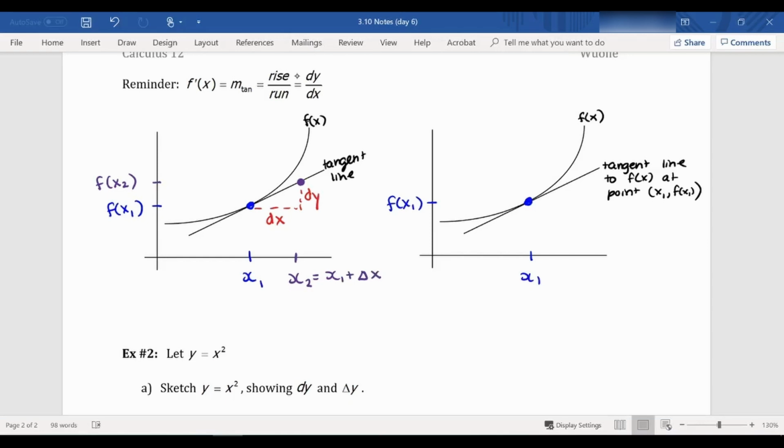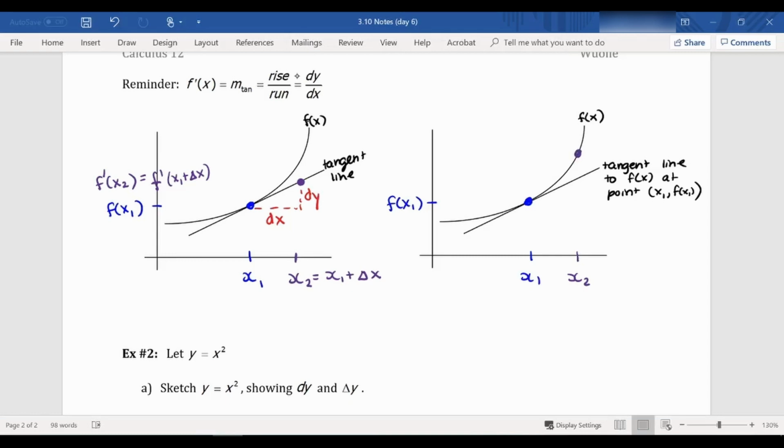Now, the problem we have is that this point is on our tangent line, so I shouldn't have called this f of x2. I should have called this f prime of x2, or f prime of x1 plus delta x. And you'll notice that if I draw the same point, x2, on my original curve instead of my tangent line, the purple points are not in the same spot.